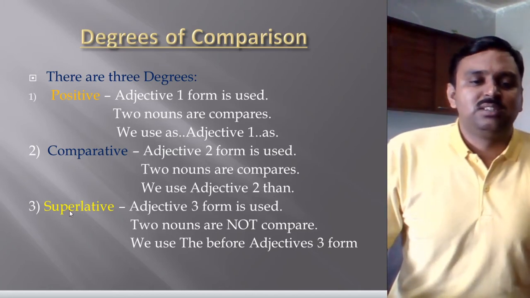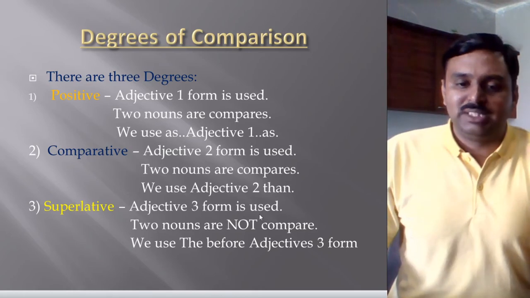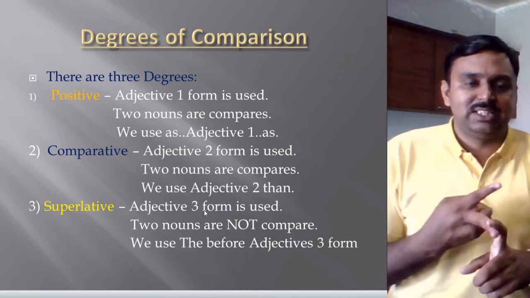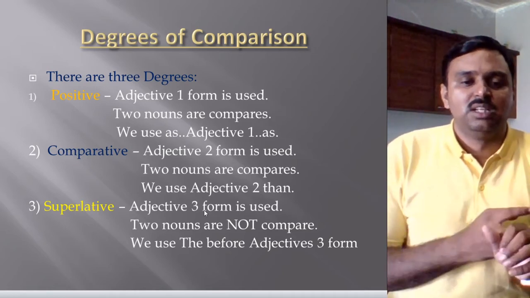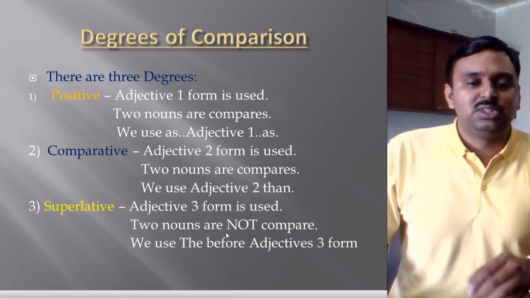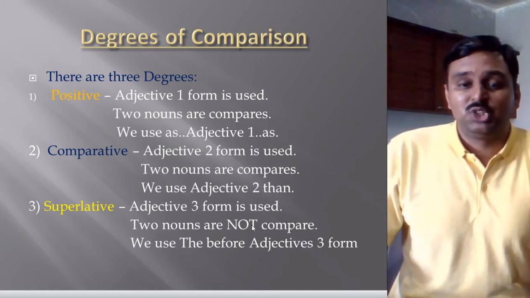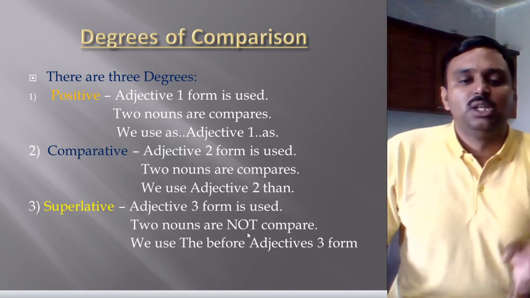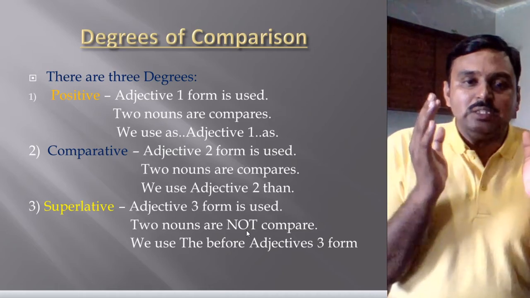Let's go for number 3, that is superlative. So adjective third form is used here, like cleverest, the tallest, the fastest, the biggest. So adjective third form is used, and 2 nouns are not compared. Listen to this carefully. Not is written in capitals only to make you more clear about it. So 2 nouns are not compared in this superlative degree.